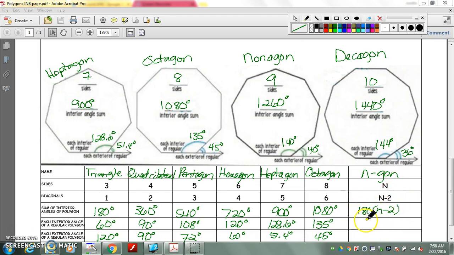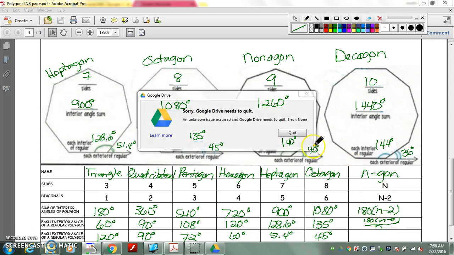To get each one, we take that sum, 180 times n minus 2, and we divide it by the number of sides. And then we have each exterior one, which is 360 degrees, and we divide it by the number of sides as well. So here are our polygons and the sums of the angles and the patterns associated with them.